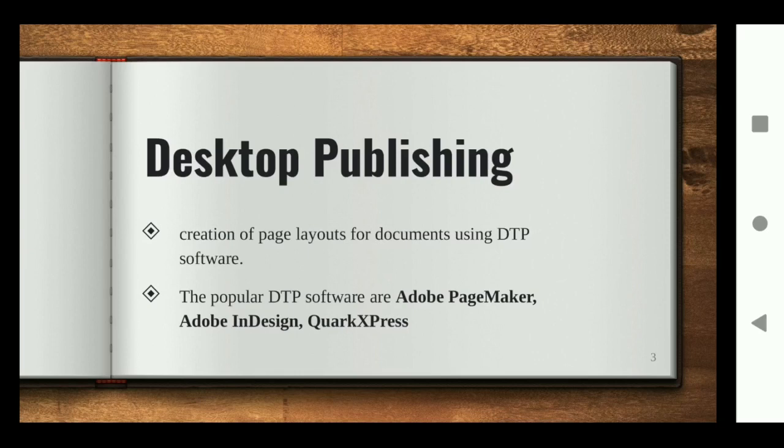The page layout means a structured format. For example, if you take a newspaper, they will align it as segments. The headline should be on the top, the advertisement should be in a particular corner, and the content should be framed in a proper structured manner. It's called a layout. So as a whole, it is called a page layout.